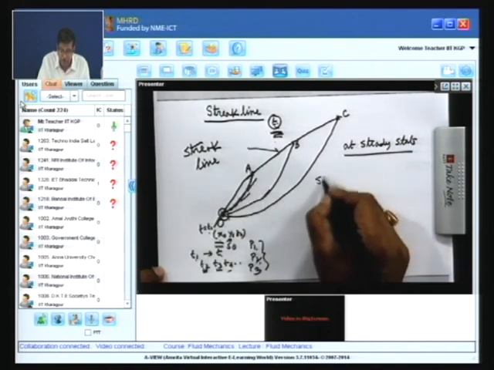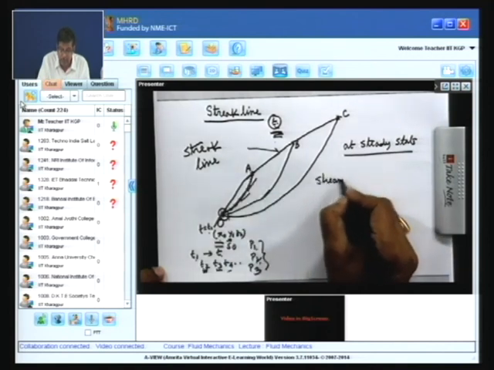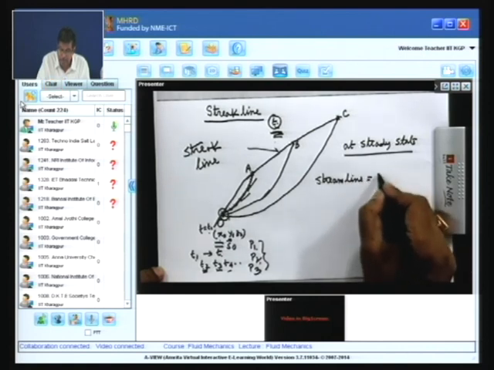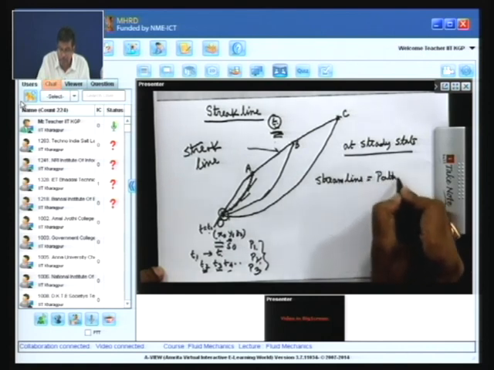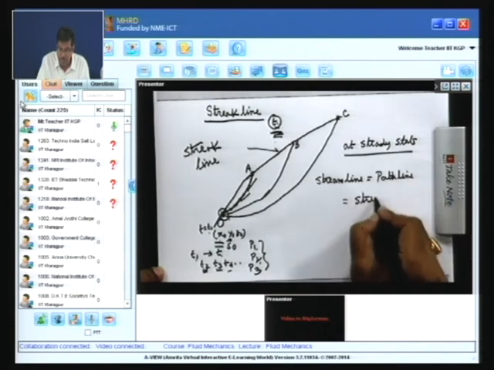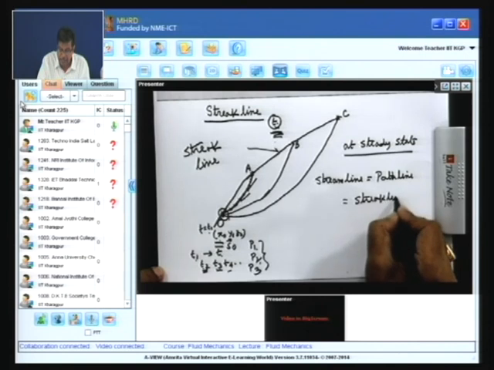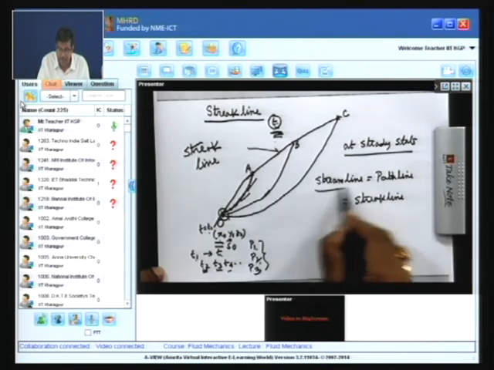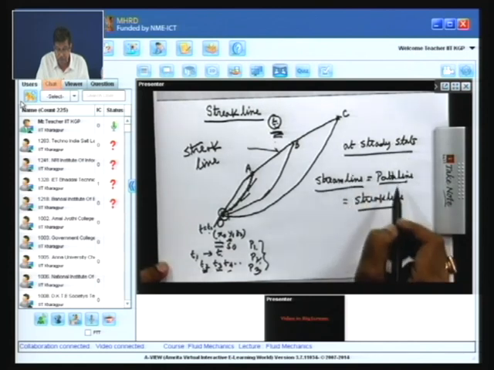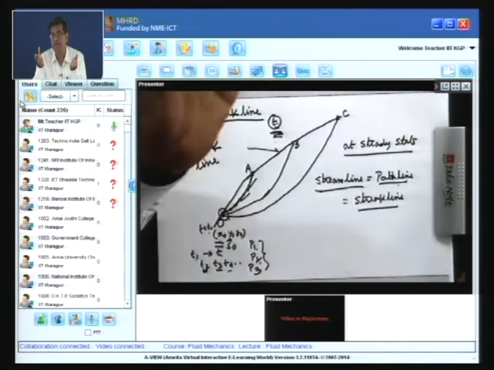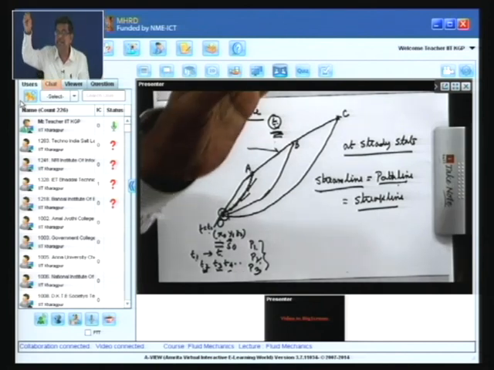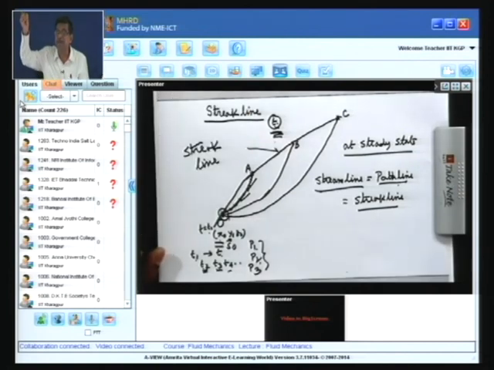So therefore streamline, you yourself think streamline, this I tell path line, then you will understand much better. With this definition of all these three lines, the streamline, path line and streak line, you will see that the three lines differ very much when the flow is unsteady, but when the flow is steady, streamline and path line are the same. This is because in a steady state the velocity field at each and every point remains the same, invariant with time.